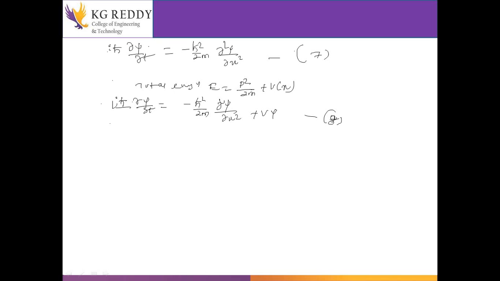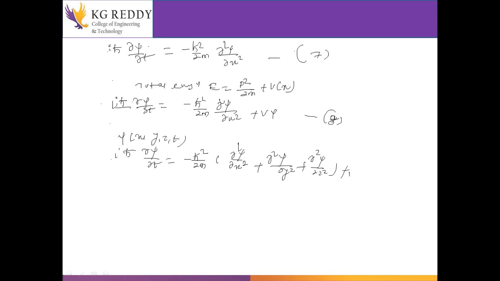For 3 dimensions, the function of psi is ψ(x, y, z, t), since all systems have x, y, z coordinates. iħ ∂ψ/∂t = −ħ²/2m [∂²ψ/∂x² + ∂²ψ/∂y² + ∂²ψ/∂z²] + Vψ. It is the equation in 3 dimensions.